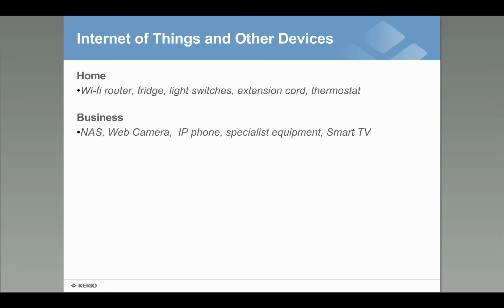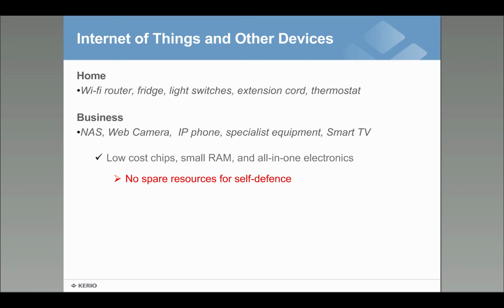All these things have three things in common. They are designed for one thing, to perform a task, and it means they have very little resources left for self-defense. They don't have AV installed, they cannot run any form of protection, whether it's a webcam or a smart TV.